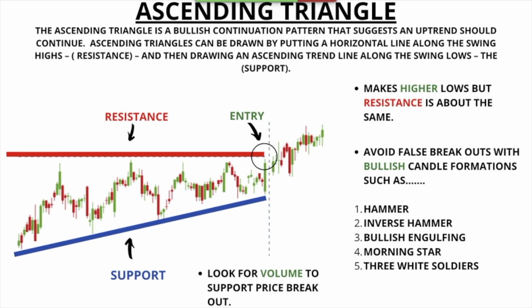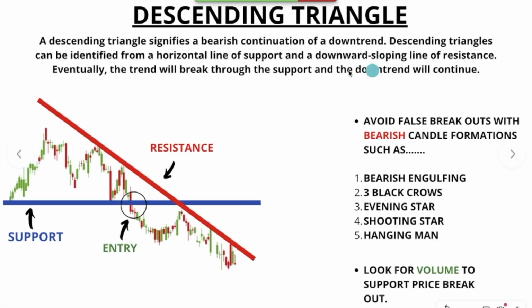So moving on to the next formation, we have a descending triangle. A descending triangle signifies a bearish continuation of a downtrend. Descending triangles can be identified from a horizontal line of support and a downward sloping line of resistance.